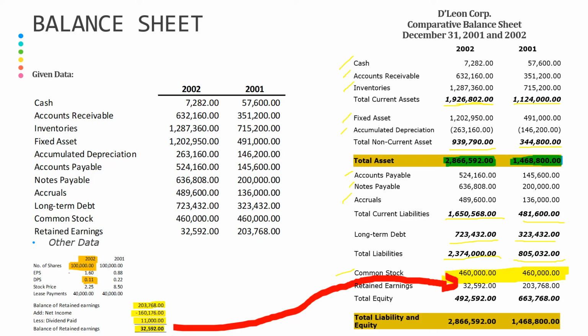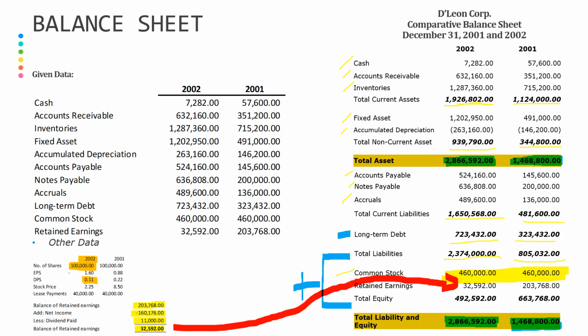Now we have already a total equity of 492,592 for year 2002 and 663,768 for year 2001. For the total liability and equity, we add up the total liability plus the total equity. So we have 2,866,592 for year 2002 and 1,468,800.